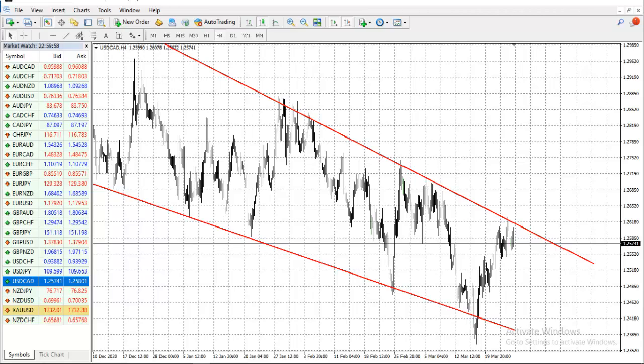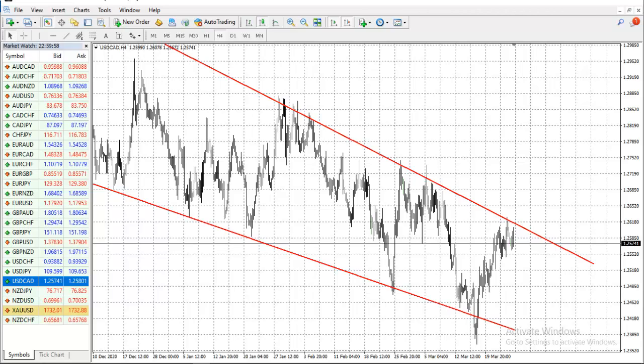The best place I would recommend trading this market is here, the bottom of this previous pullback, because the support here seems strong. We should expect the market to come down to this region before it continues in an upward direction.